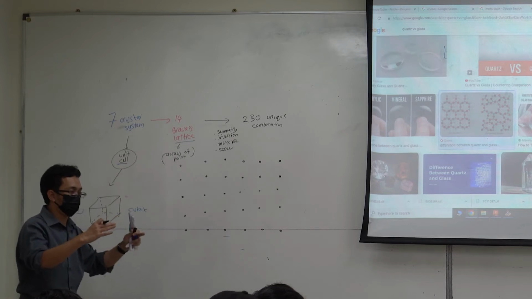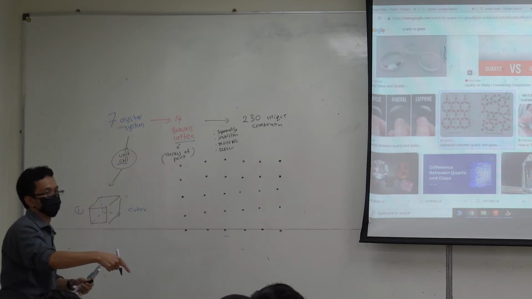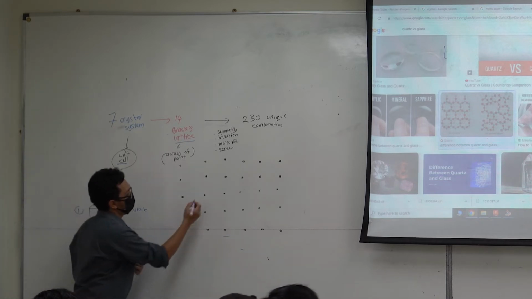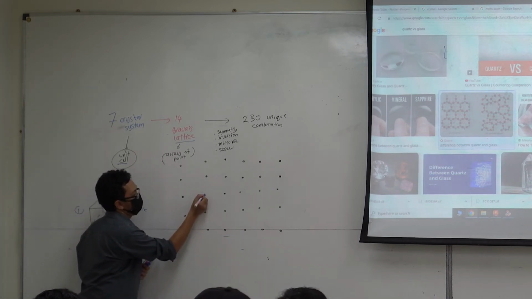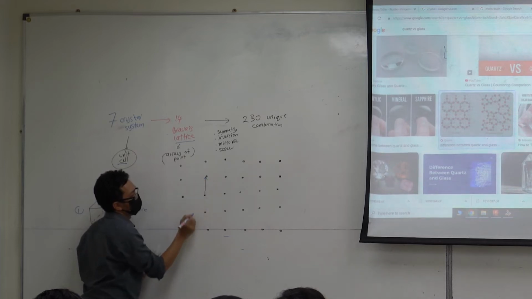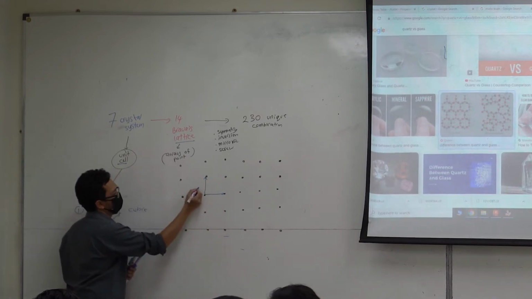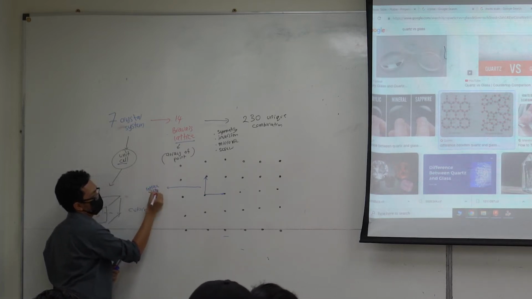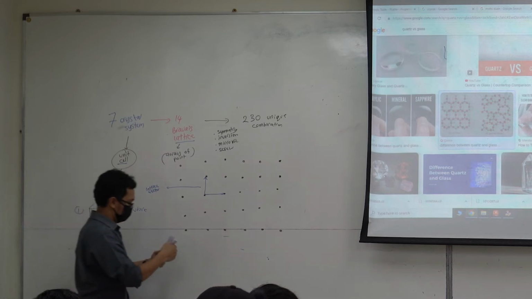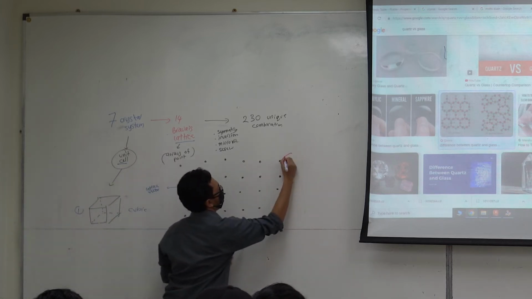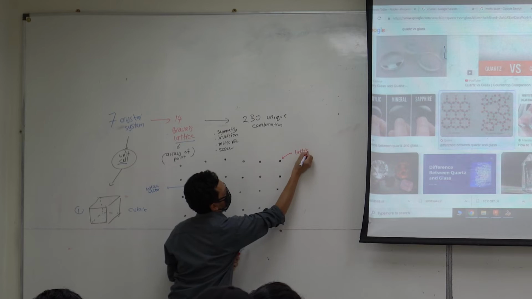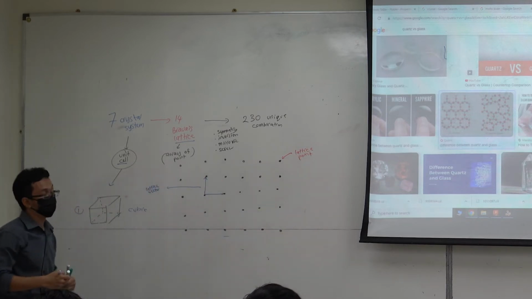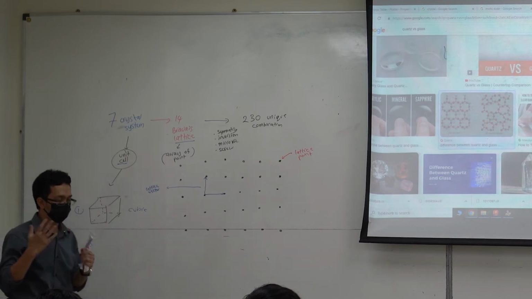Lattice is sort of the framework where you can put the atom. Inside the lattice, let's say I choose this, I can make a vector from here and from here. This is what we call the lattice vector. The point here, we call it the lattice point.